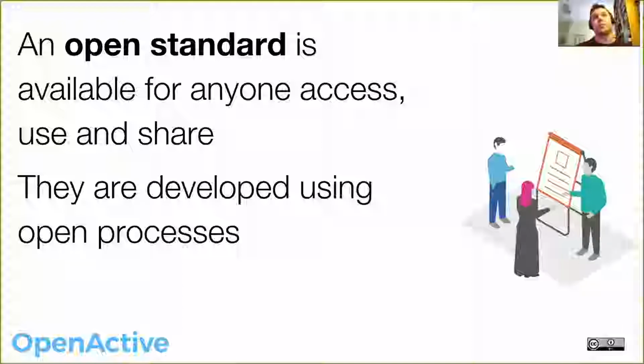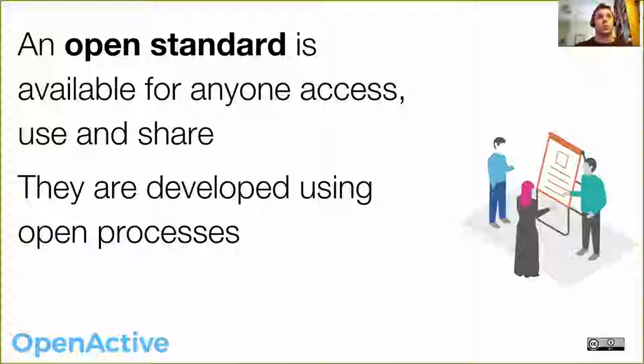The first way is that an open standard is published under an open license, which means that anyone can access, use and share the documentation. So it's freely accessible. You don't have to pay a license fee to read the documentation. You don't have to pay a license fee to use that standard to build a system or to create an application. So it's completely open for reuse.